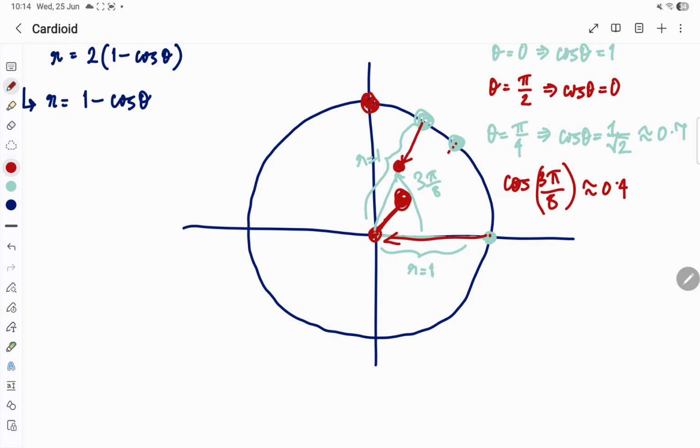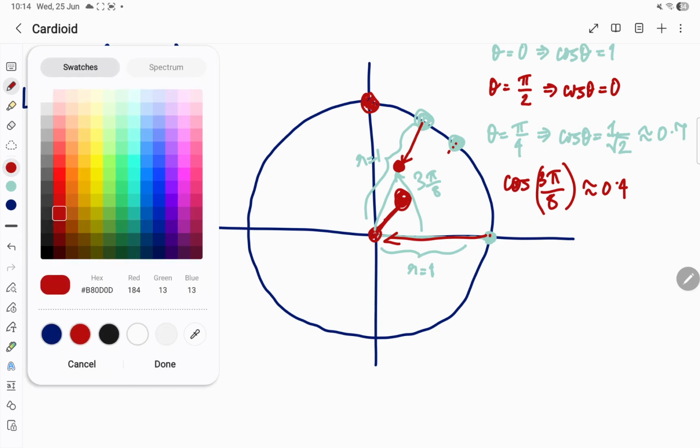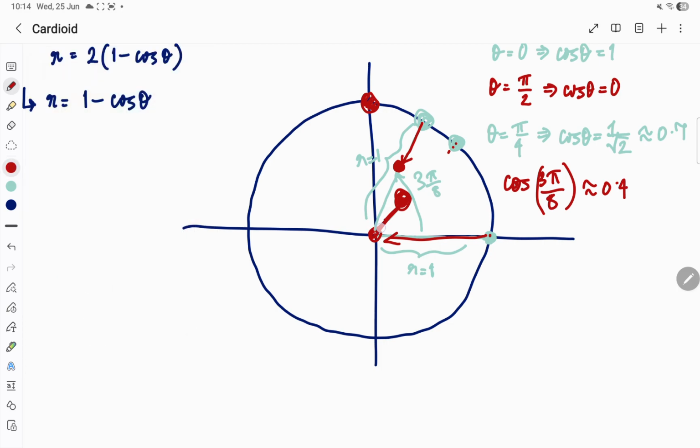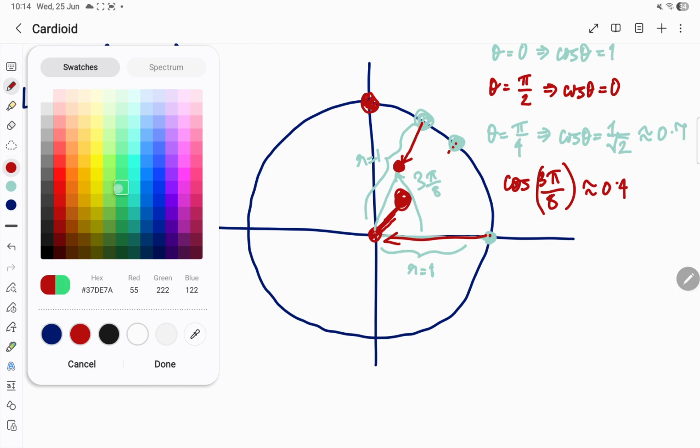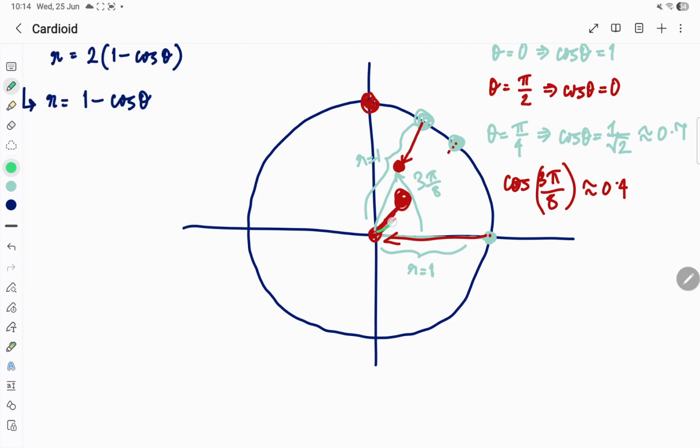So you see, we are now getting somewhat of a shape. Like this.